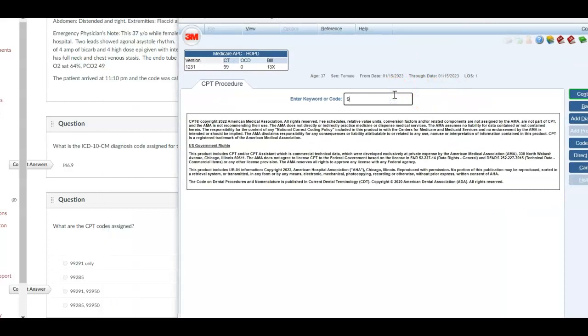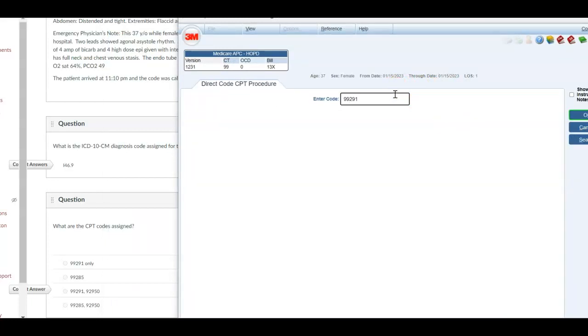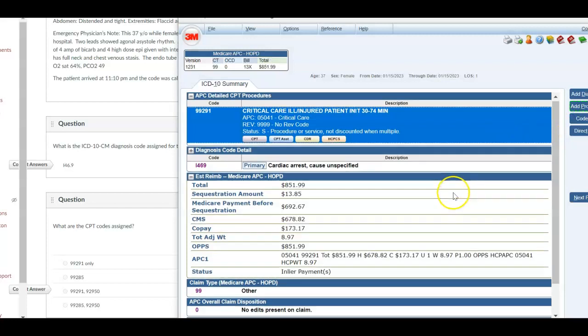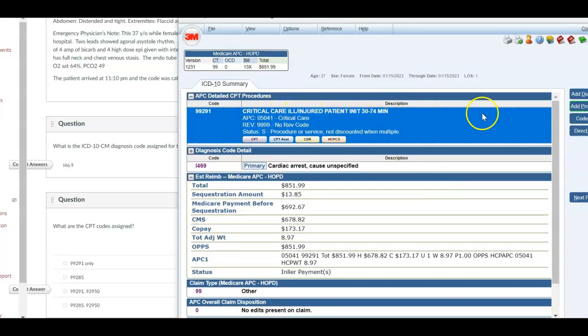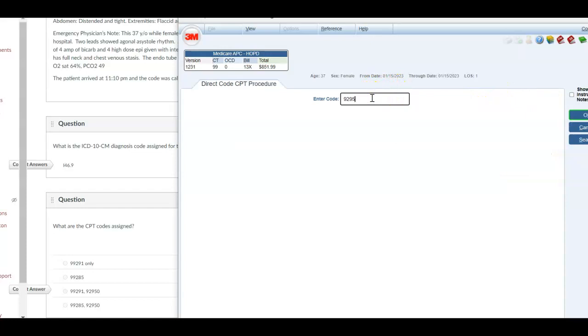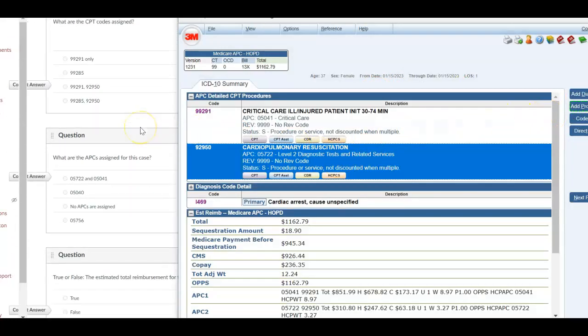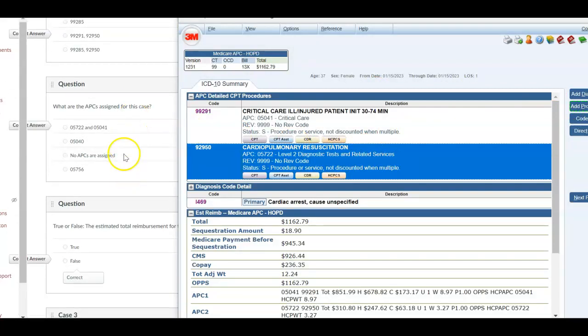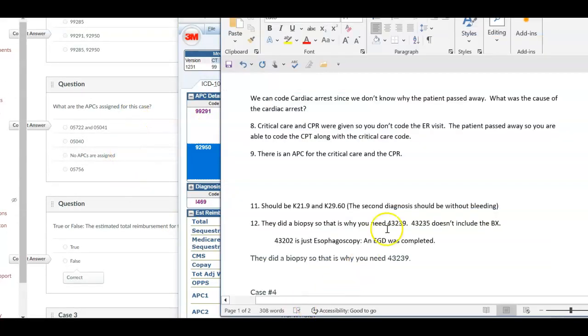We have 99291. All right, and with that, that's going to be critical care. All right, we're going to add our next one, 92950. All right, so we have our two procedures. We'll get into that. Let's pull this up.